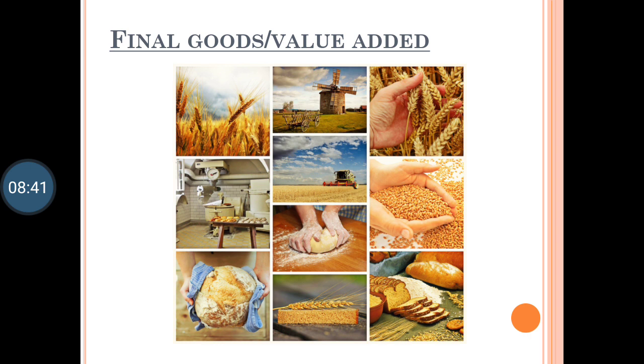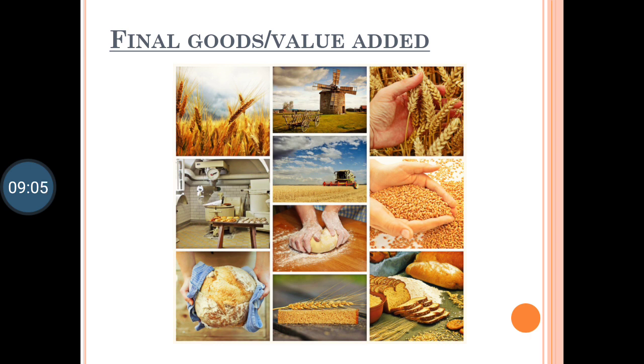Now let's see final goods versus value added. Now you can see bread is made. Starting from the wheat grown in the field, then processing, then wheat is turned into flour, then flour is made into dough, and then dough is baked in the oven, and from the oven the bread is ready.